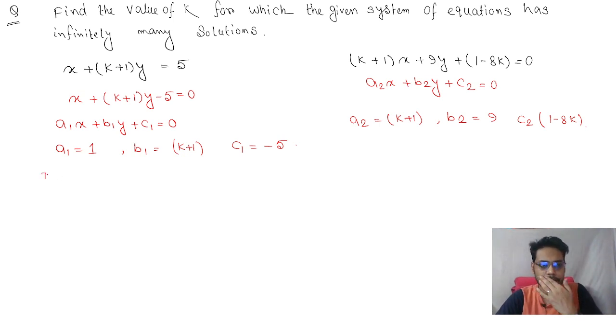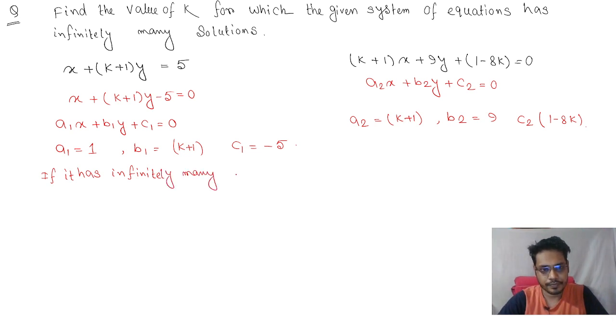So if it has infinitely many solutions, then we can say a1 by a2 is equal to b1 by b2 is equal to c1 by c2.